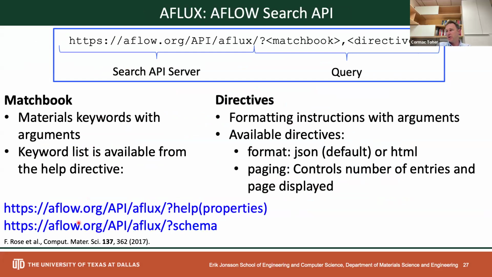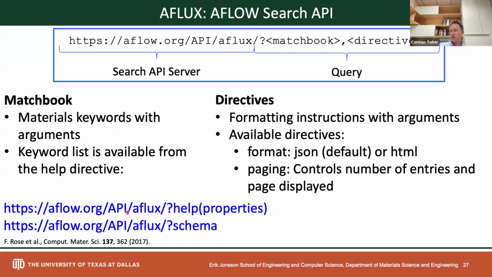Okay, so specifically for the AFlux server, we have https://aflux.org/API/aflux. Then we have a question mark, and then our query is built up from what's called matchbook and directives. The matchbook is materials keywords with arguments, and there's a full keyword list available.